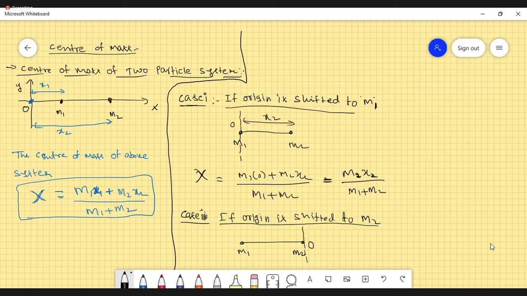And now this is how much the distance will be, x1 now? X1. Understood? Diagram.